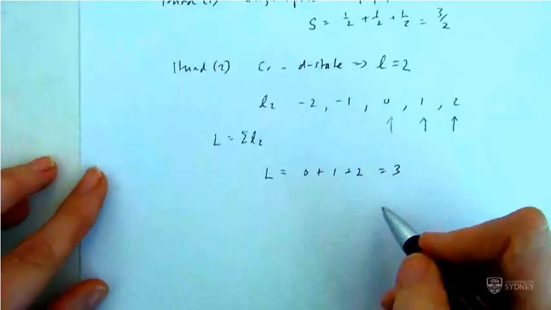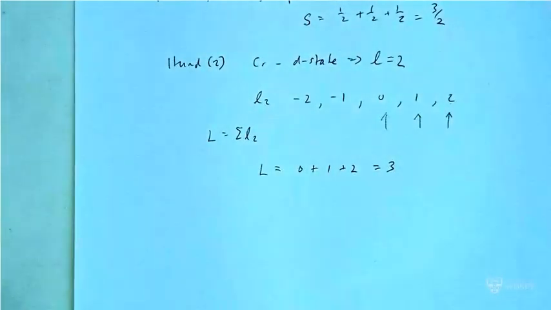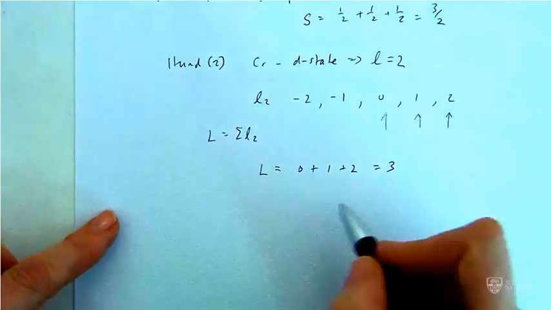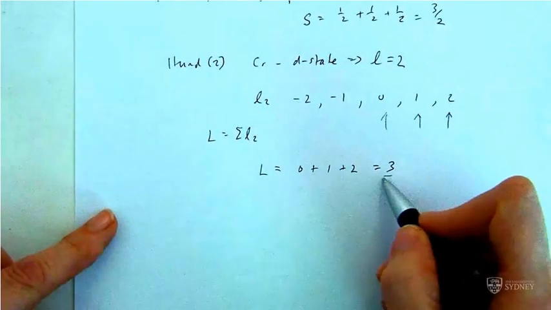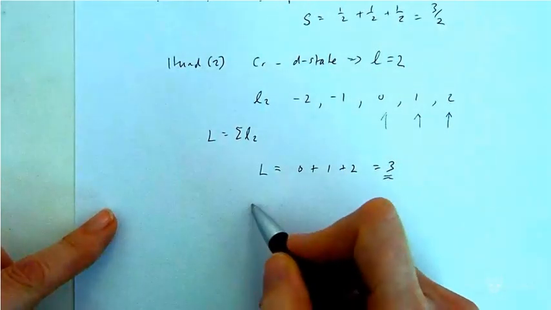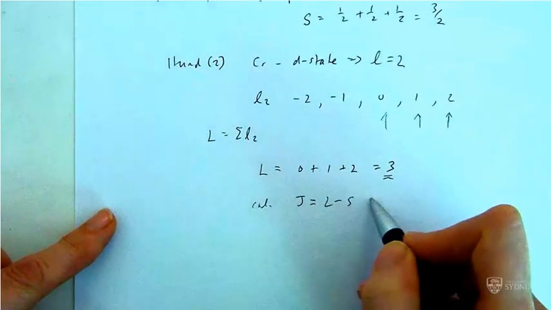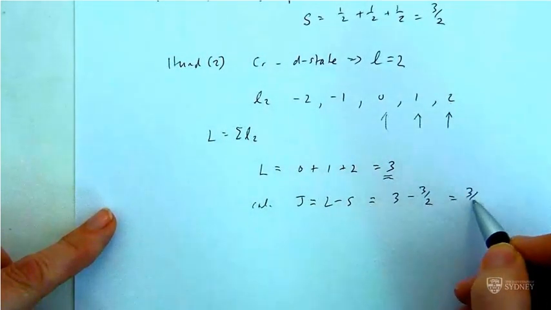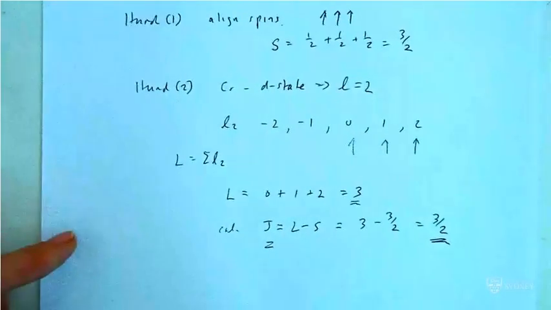Okay, and then when we look at our occupying these shells, we see that we are less than half filled. Well, L equals 3. So we calculate J according to L minus S. 3 minus 3 over 2 equals 3 over 2. Okay, I think that's kind of straightforward.